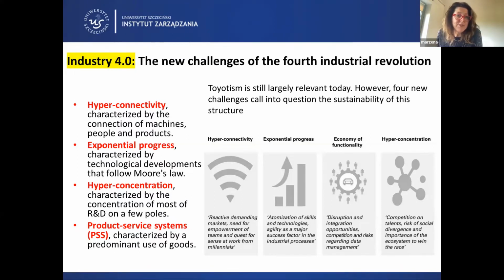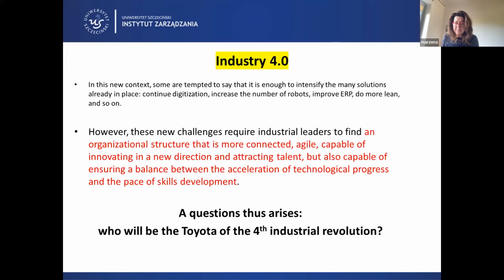We have this exponential progress, probably this Moore's law, that every 24 months the number of IT devices is doubled. So we have this hyper concentration in product service systems, because the services support products very well, and sometimes the products are replaced by services.